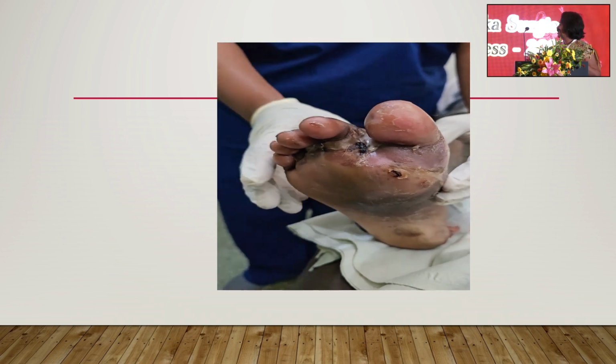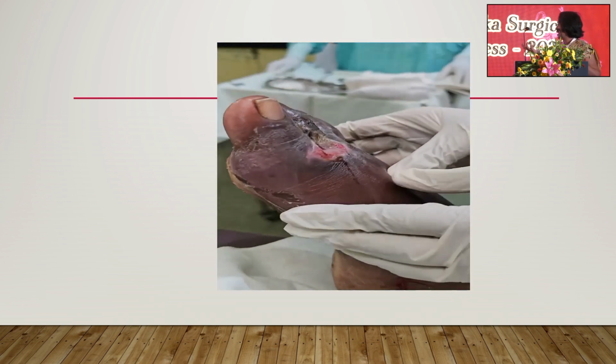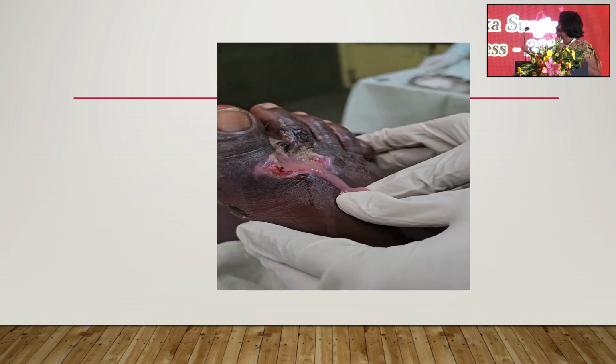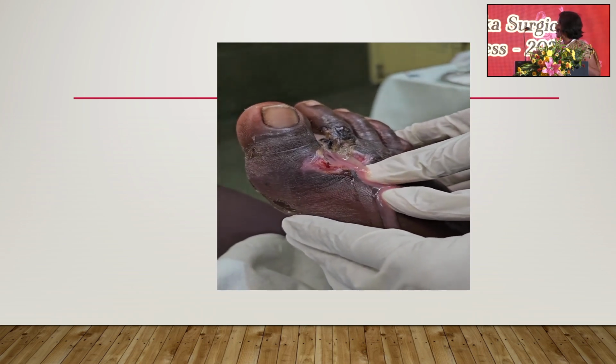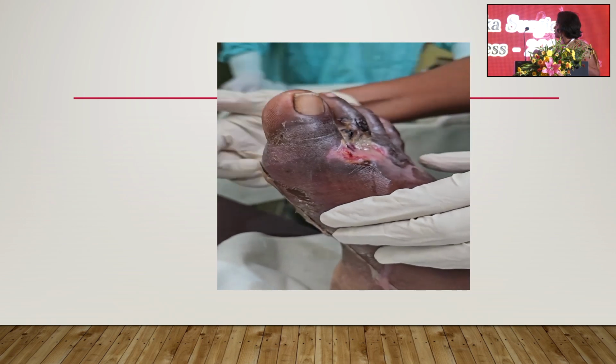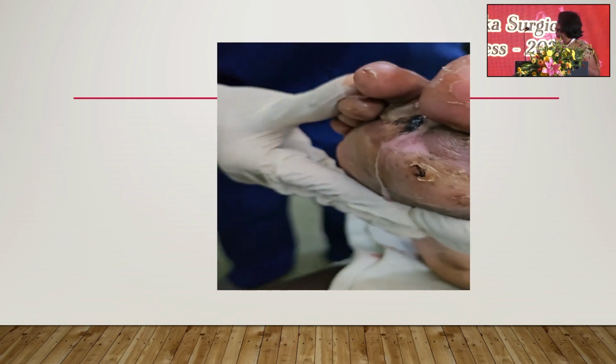Similar one here. Now you see like an abscess over the dorsum of the foot, but the extension is hidden within. You have to press along the tendon and see to which extent it goes.